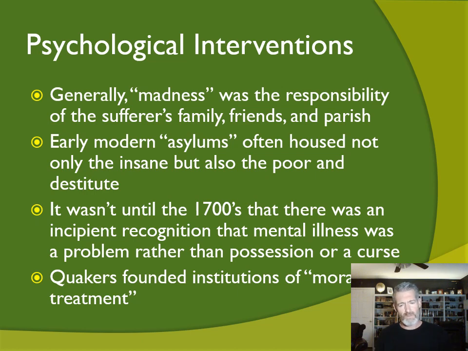So the Quakers had some degree of success in basically helping people recognize that there is a way that you can live a life that is more likely, if not to lead to happiness, at least to lead to some degree of meaning and purpose in life. So we think of Quakers and institutions of moral treatment as kind of archaic and backwards, but it's not an unreasonable approach when you take a step back and you look at exactly what was going on.